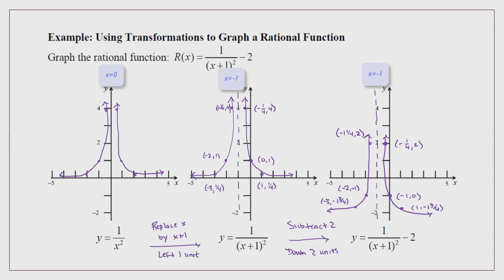Since we have now shifted our graph down 2 units, that line that it's approaching has now shifted down 2 units. And so now our graph is approaching negative 2. So as x is moving to positive infinity or negative infinity, y is approaching negative 2.